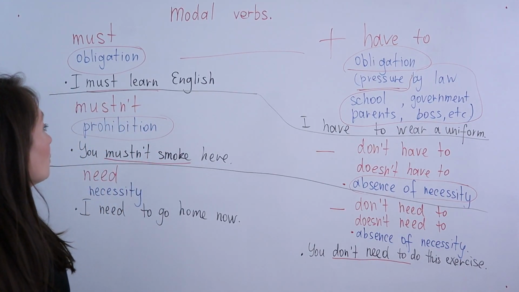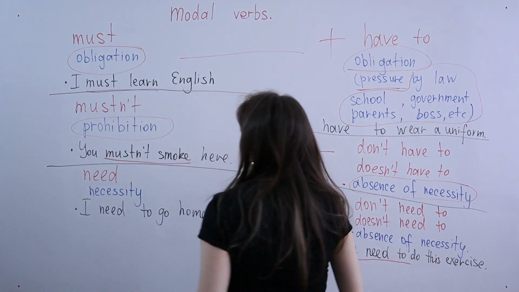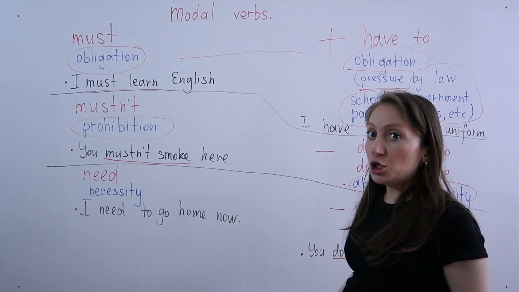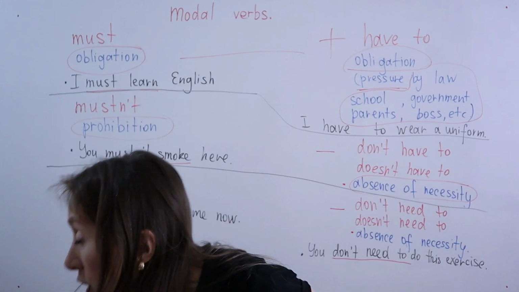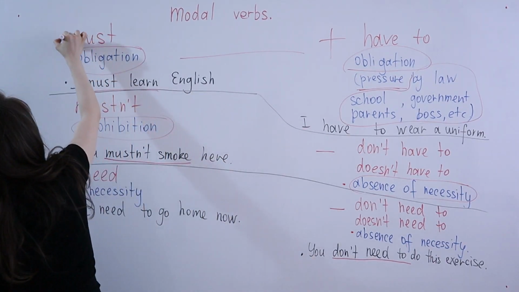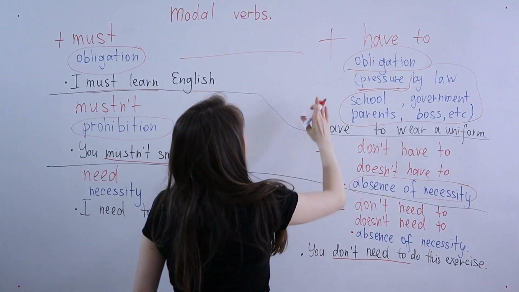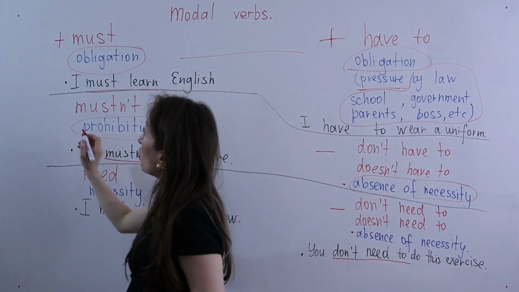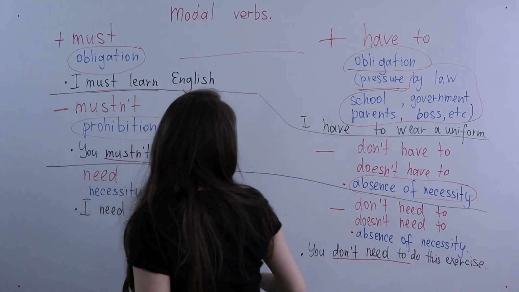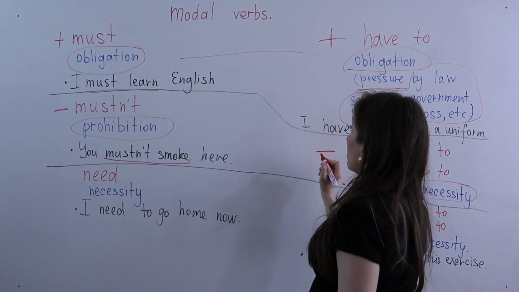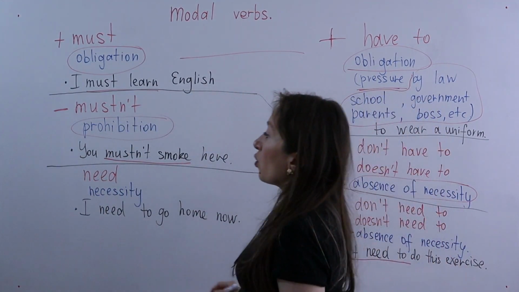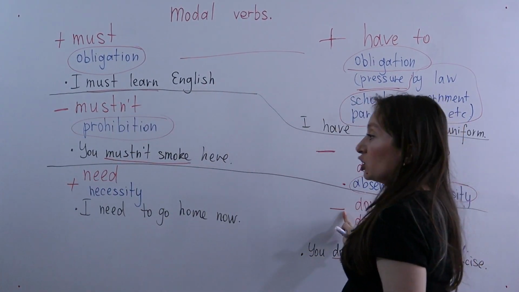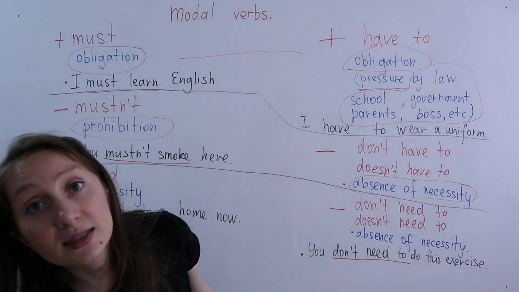So now your task is to make one sentence for each modal verb. So one sentence with must, one sentence with have to, okay? One sentence with mustn't, one sentence with don't have to, one sentence with need, and one sentence with don't need or doesn't need.